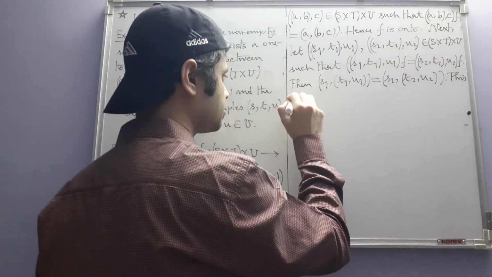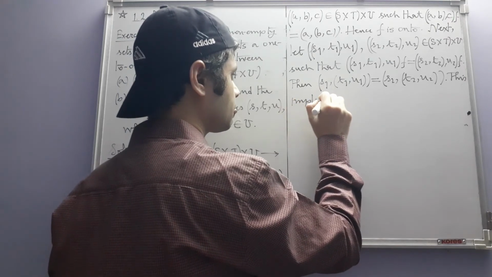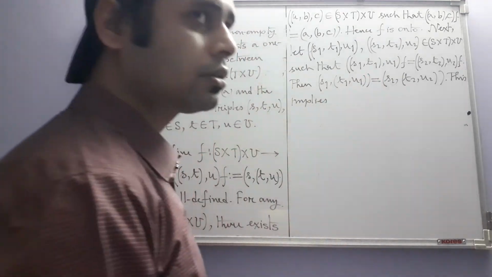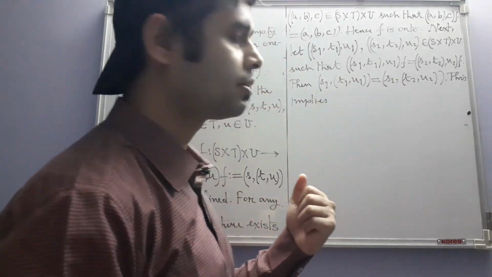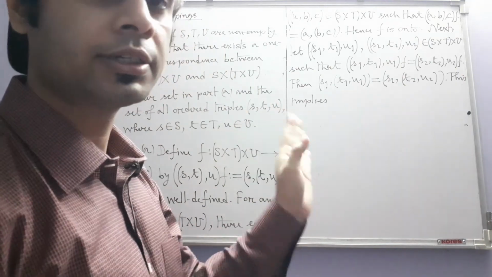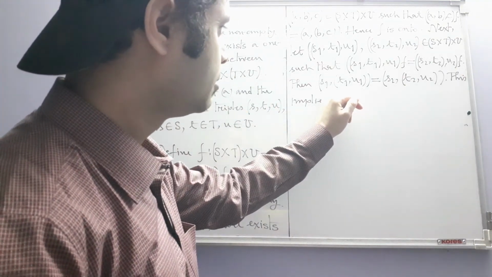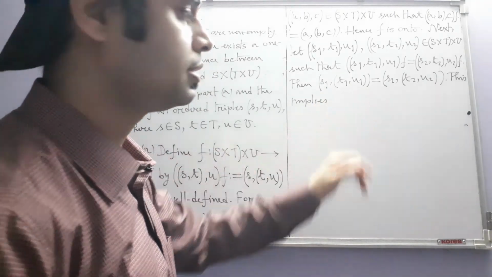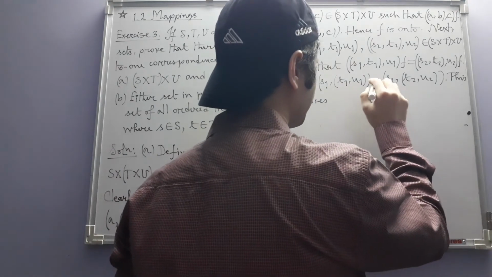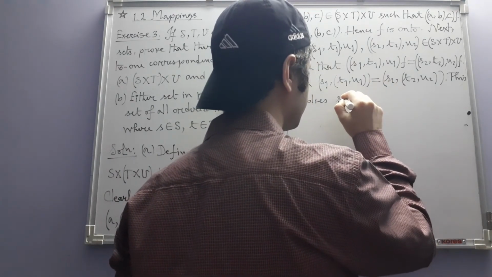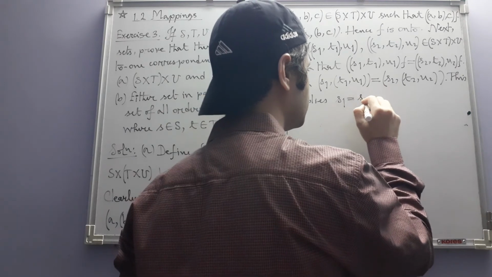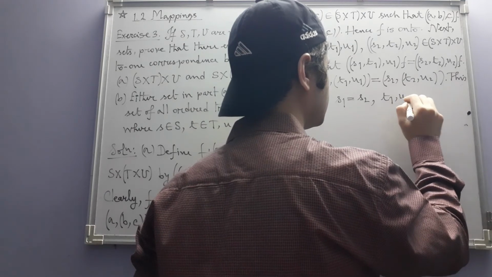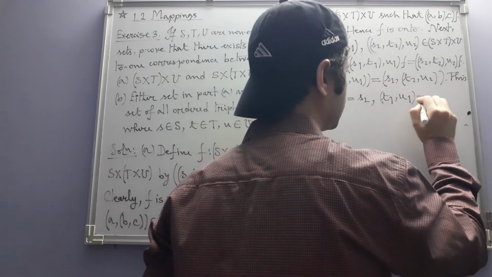This implies, first we apply the definition of equality of these two ordered pairs. Note that this is not an ordered triple, it's an ordered pair because we have only one comma separating two objects. So applying the definition of equality, we first get (s1, t1) equal to (s2, t2). First coordinates are equal and second coordinates are equal.